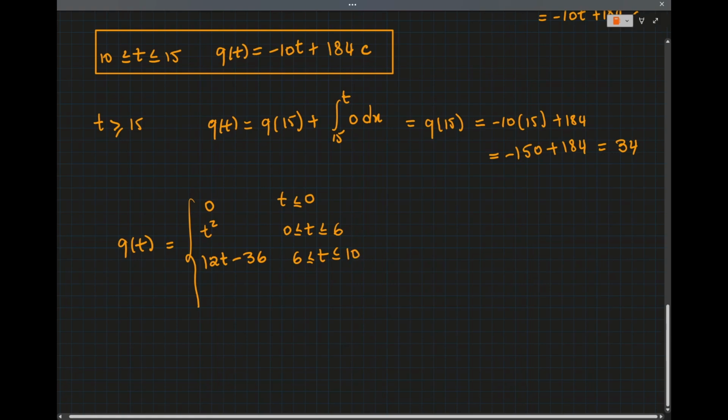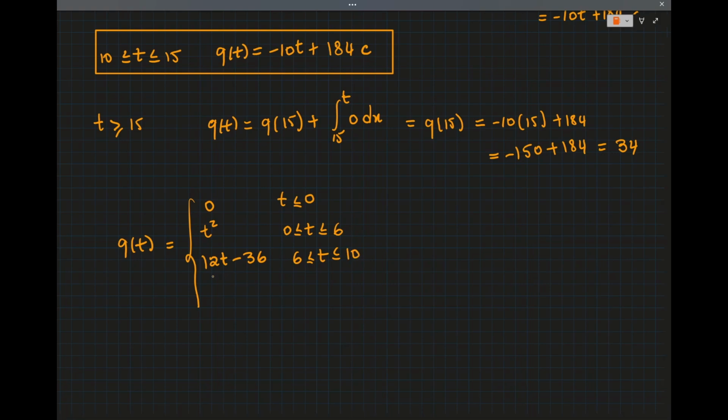Remember, time is expressed in seconds. The next one is 184 minus 10t, between 10 less than t less than or equal to 15 seconds. All these are seconds. And the last one is 34 when t is bigger than or equal to 15 seconds.